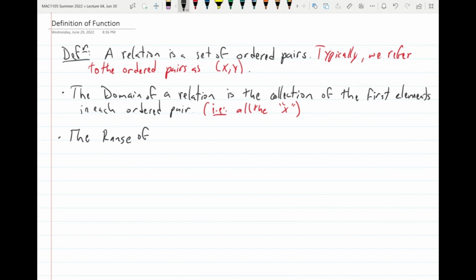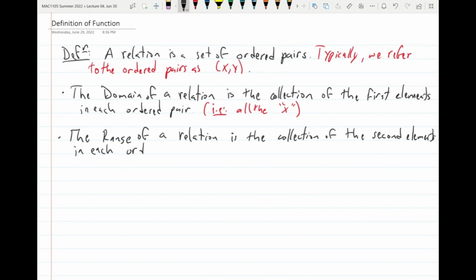And then what's the range? The range of a relation is the same thing, except you look at the second element in each pair. So the range of a relation is the collection of the second element in each ordered pair.